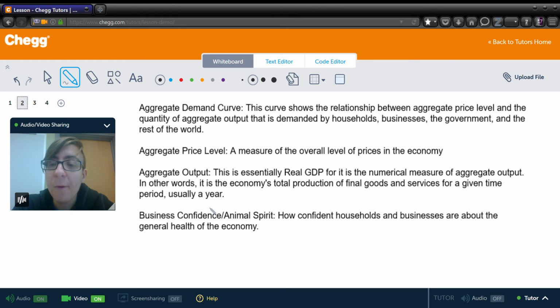Aggregate output is essentially real gross domestic product. Real GDP is basically the numerical measurement of this. If you remember, real gross domestic product is the economy's total production of final goods and services for a given time period, usually a year.